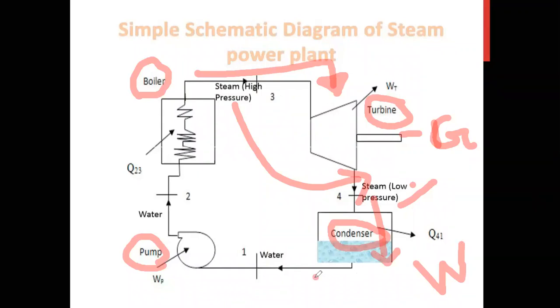From this water, it goes to the pump. Using that pump, we create pressure and transfer this water to the boiler one more time. So this cycle continues. So there are four components.